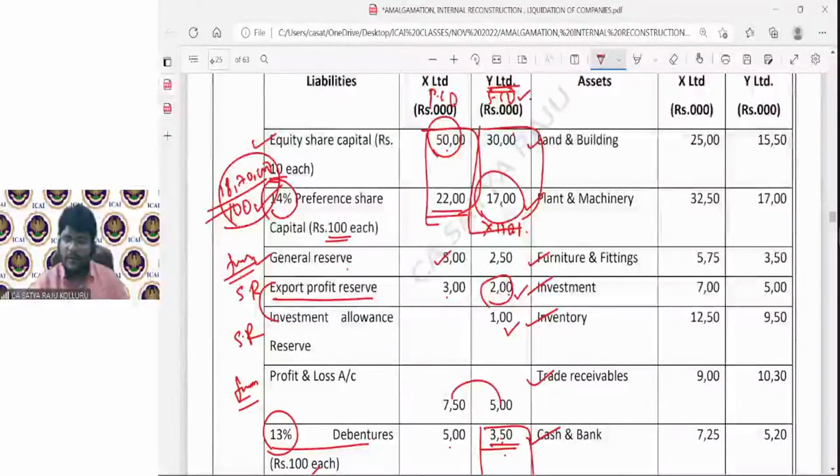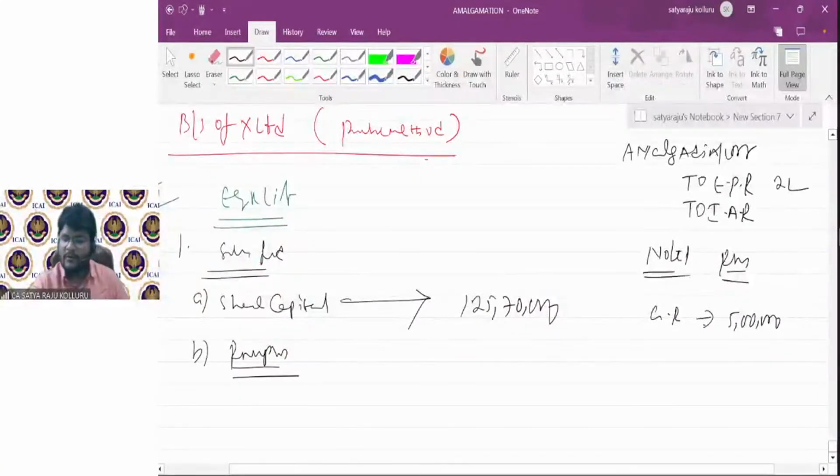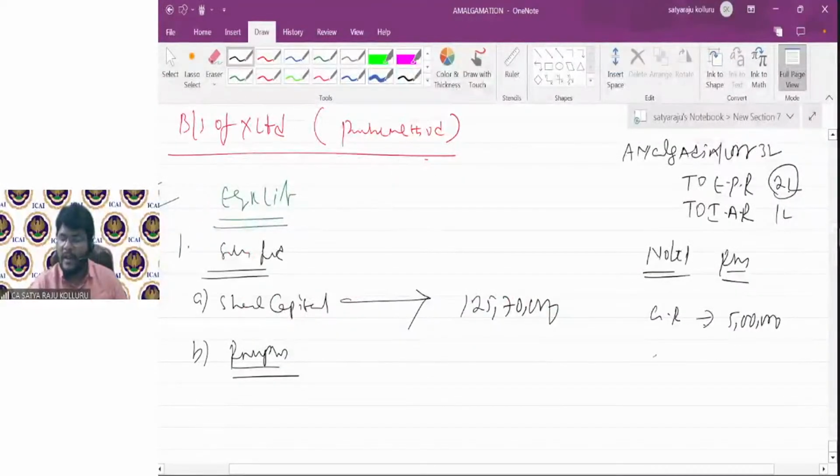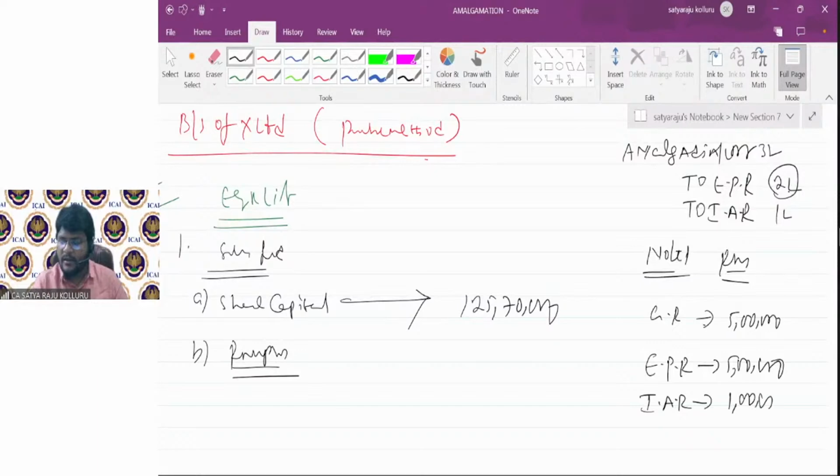Export profit reserve of the selling company, how much? 2 lakhs. Investment allowance reserve, how much? 1 lakh. Total amalgamation adjustment, how much? 3 lakhs. So now export profit reserve, this 2 lakhs and the existing 3 lakhs, total how much? It will become 5 lakhs. So export profit reserve, you can consider for 5 lakhs. Investment allowance reserve, you can consider for 1 lakh.